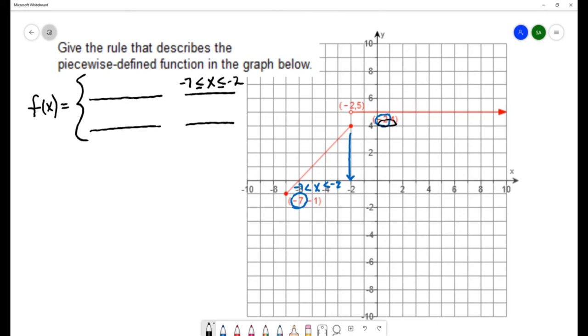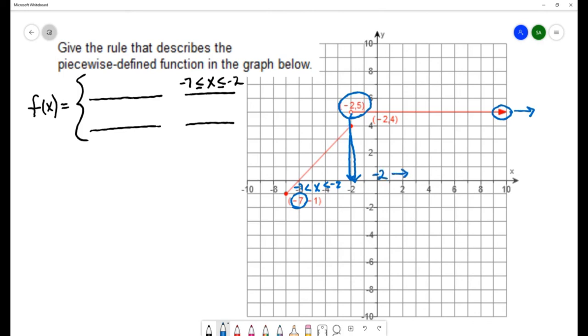So then I'm going to focus on the conditions for the second equation. For the second equation, we have this arrow indicating that the line goes on forever. So I have no endpoint. On the other side, I do have an endpoint, which is at an x of -2. So these x's are from -2 and larger.